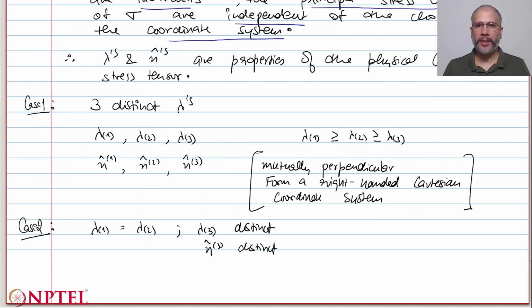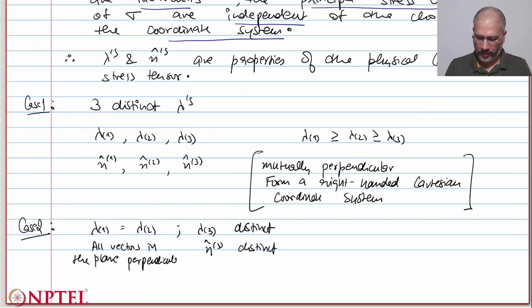In fact, that plane is the plane that is perpendicular to n3 hat. So we write that down here. All vectors in the plane perpendicular to n3 hat are principal directions.